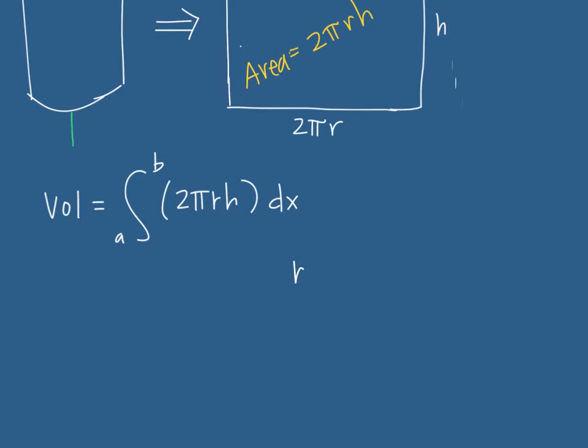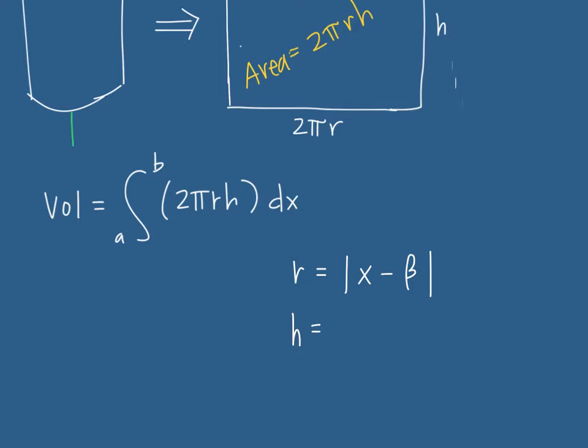So r, which is the radius, is always expressed as the following: the absolute value of x minus the beta, the axis of rotation. That r gets smaller and smaller as you go, but the radius of a circle always needs to be positive. All right, so that radius is going to change. The beta won't change. The axis of rotation stays the same, but x changes.